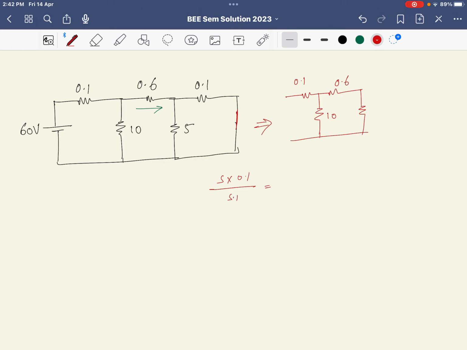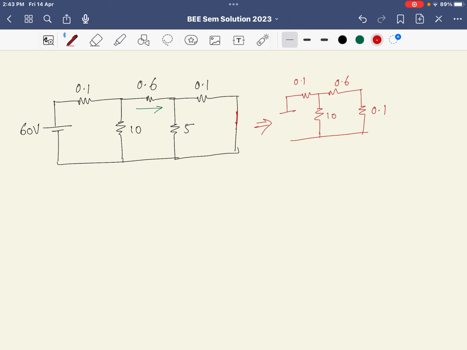If we solve this one, it will come nearly to the lower resistance only. So this is 0.5 divided by 5.5, this is coming around 0.098. So we can say nearly this is equal to 0.1, so that our calculation can be made quicker and easier instead of solving this.